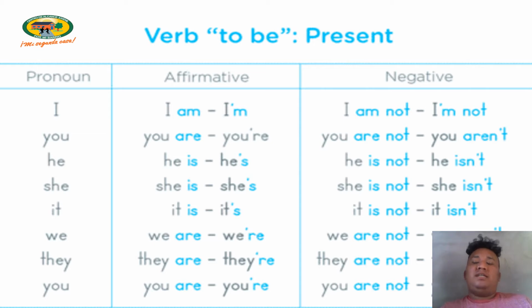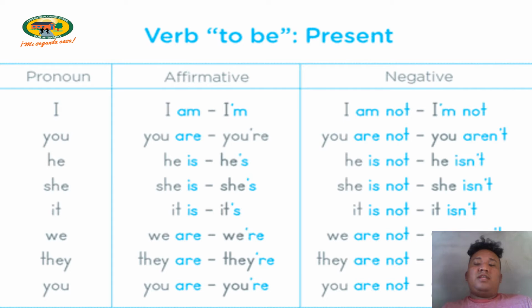Utilizamos am para la primera persona cuando decimos yo soy. Utilizamos are para la segunda persona y para el plural. Perdón. En este caso tenemos you are, they are, we are. Y tenemos is que utilizamos para la tercera persona, que es he is, she is, and it is.